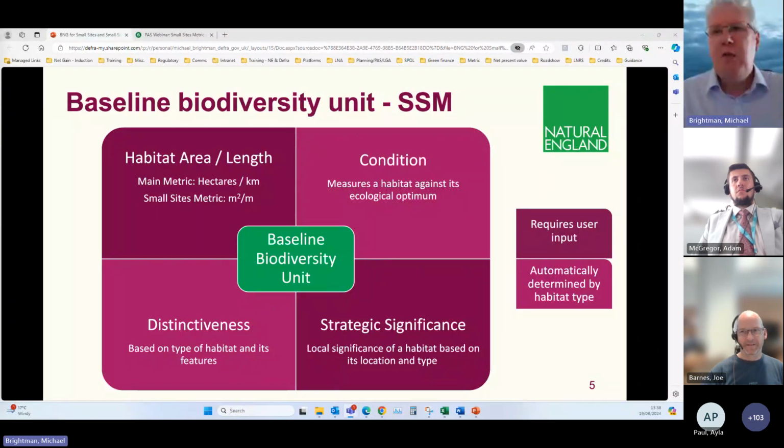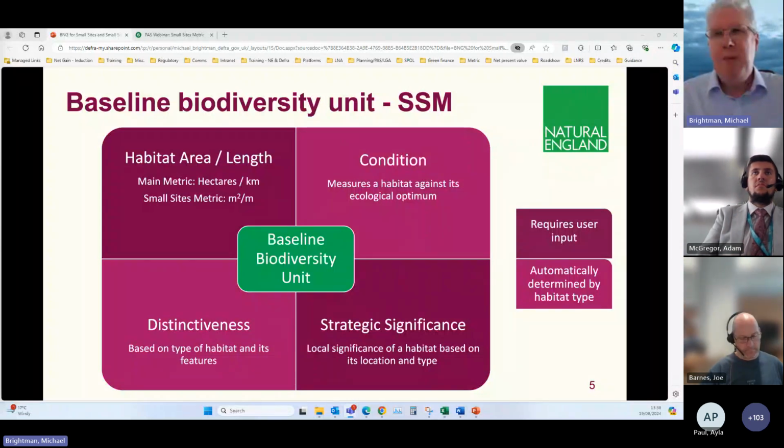Let's just remind ourselves of how we calculate the biodiversity unit. We have the size of the habitat parcel multiplied by a score for the habitat's distinctiveness, multiplied by a score for the condition in which that habitat is in, and then multiplied by a score where appropriate for strategic significance.